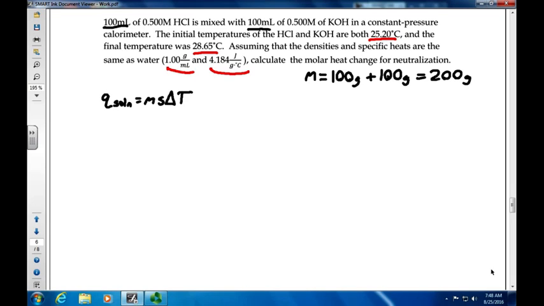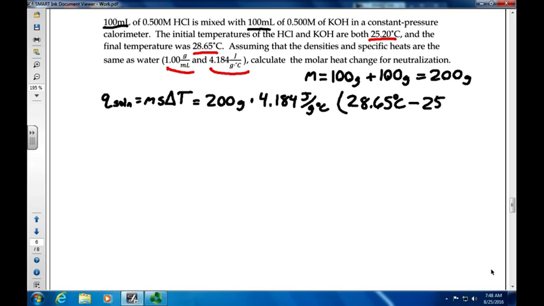So 200 grams times 4.184 joules per gram degree C times 28.65 degrees C minus 25.20 degrees C.